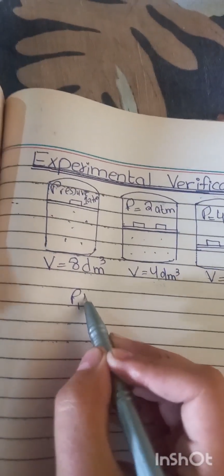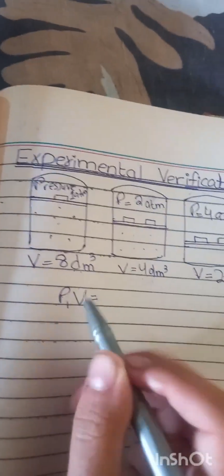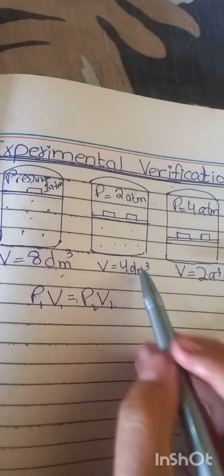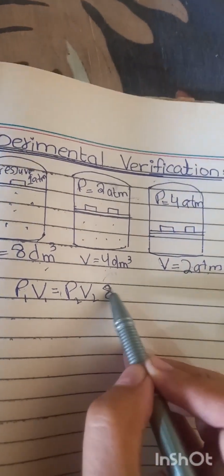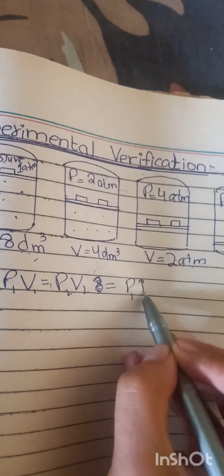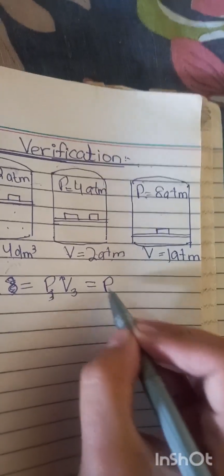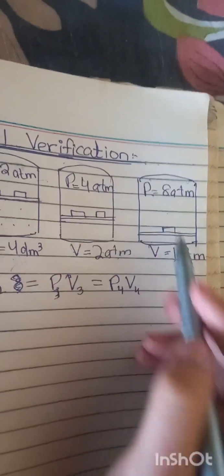So in this place we can write that initial pressure P1 multiplied by V1 is equal to 8 ones are 8, P2 multiplied by V2, 2 fours are 8, and it is equal to 4 twos are 8, P3 multiplied by V3, and it is also equal to the fourth container P4 multiplied by V4, 8 ones are 8.